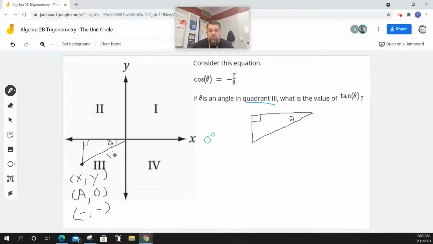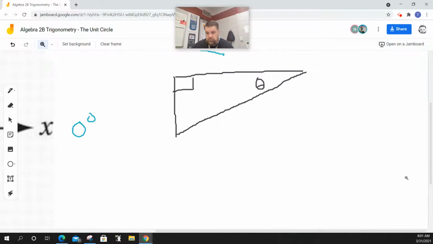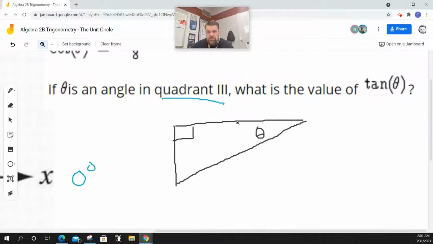And the hypotenuse, so this is the hypotenuse, the side across from the angle theta is the opposite, and this is the adjacent. The adjacent and the opposite are both negative. So if I zoom in a little bit here, this is my adjacent, this is my opposite, and this is the hypotenuse.